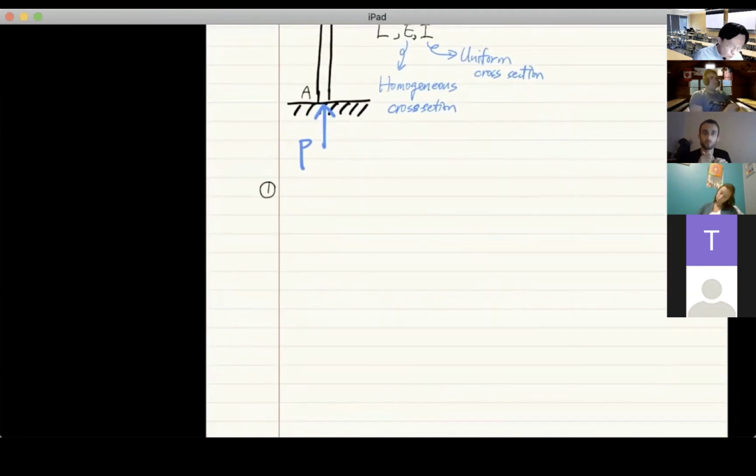So start with the first one. Pretty much you know what I'm going to do: use the force approach. To do that, you establish the force free body diagram.